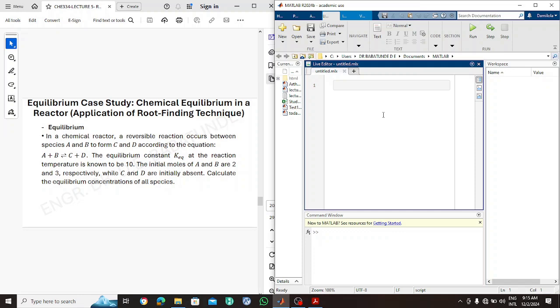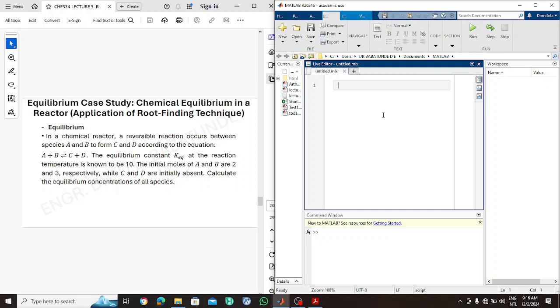So there is this question on the board that says, in a chemical reactor, a reversible reaction occurs between species A and B to form C and D, according to the equation on the screen.